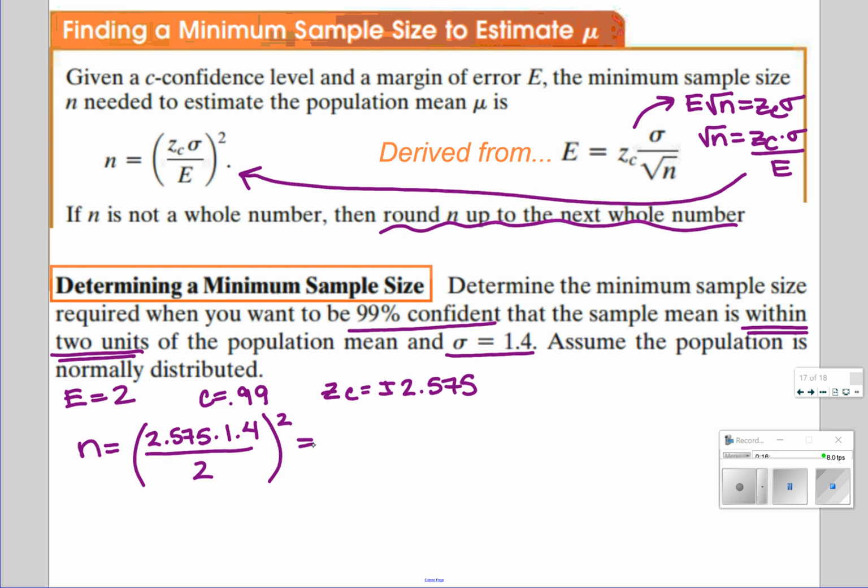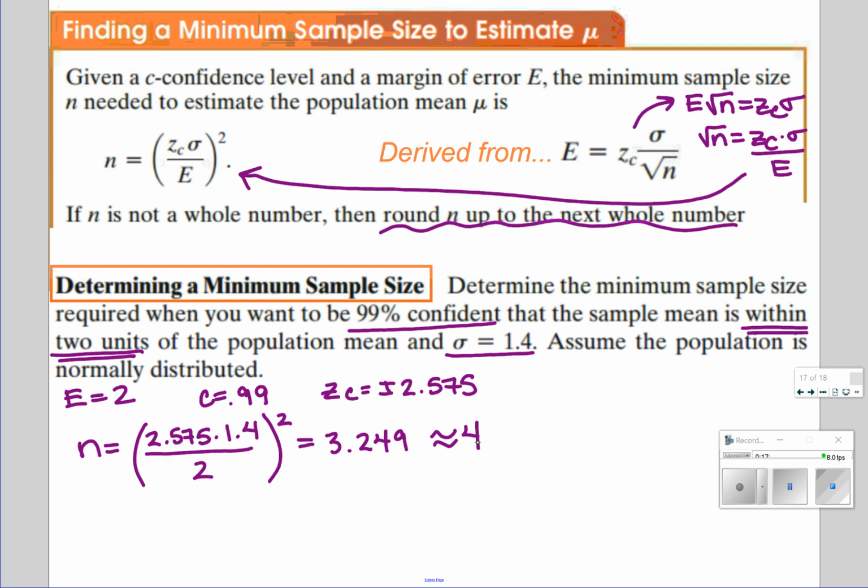And then whatever we get, we're going to round up. Square that. I get 3.249. So I'm going to round it up to 4. So as long as we're normally distributed, we only need a sample size of 4 to be that confident with that margin of error.